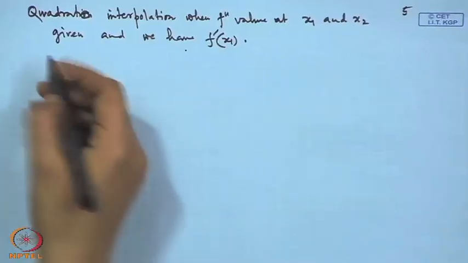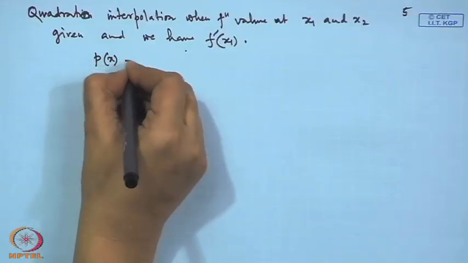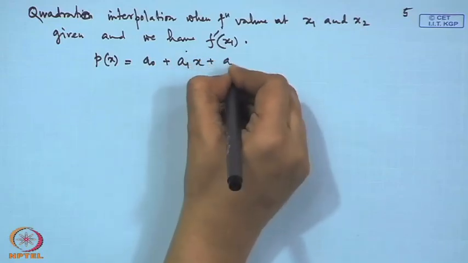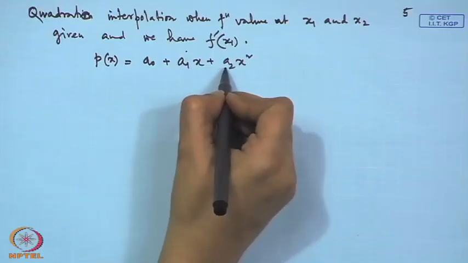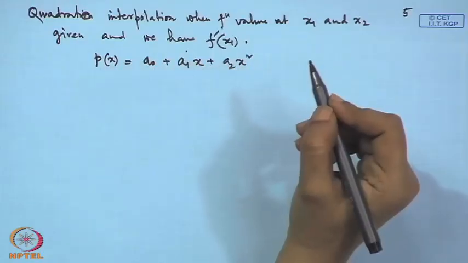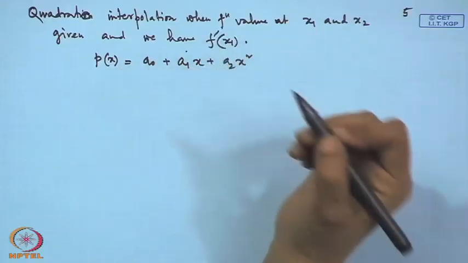If it is given, again we will apply the same technique. We will approximate the function with a polynomial p x, and p x would be equal to a 0 plus a 1 x plus a 2 x square. We need to find the coefficients a 0, a 1 and a 2, so that we can approximate the function f x with the polynomial p x.